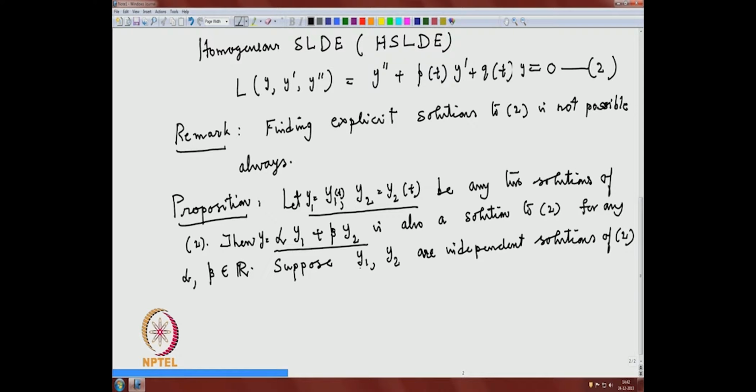The converse is that if y1 and y2 are independent solutions, as a set of functions it is an independent set, then any solution, that means a general solution, can be written in this form.